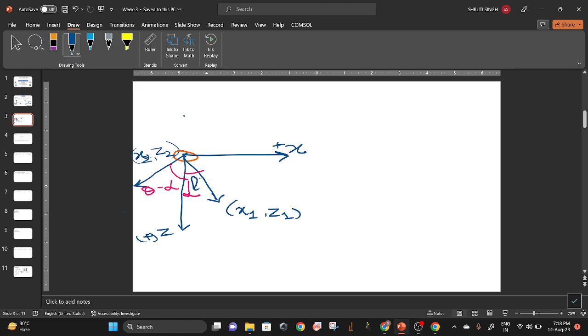So from here to here, theta minus alpha is the magnitude. But as we are going down from the axis, the sign should come negative, and that will be taken care of by the signs of x2, z2.